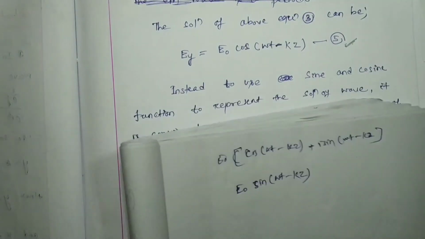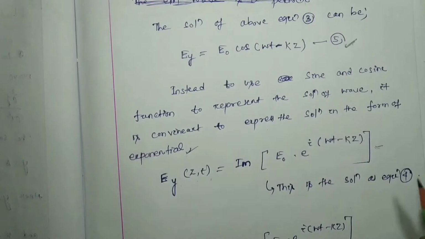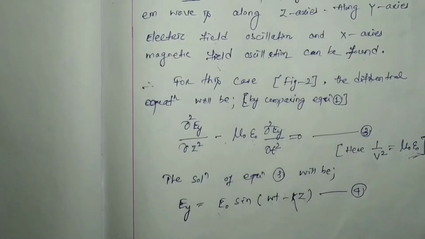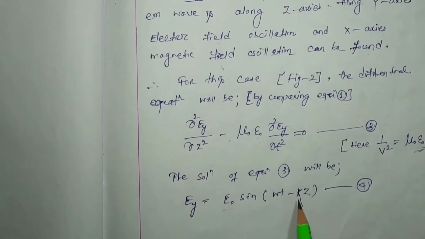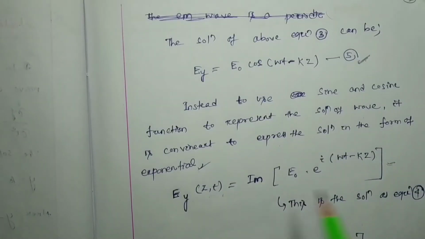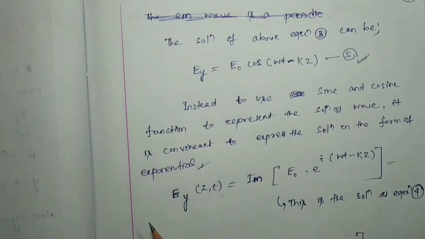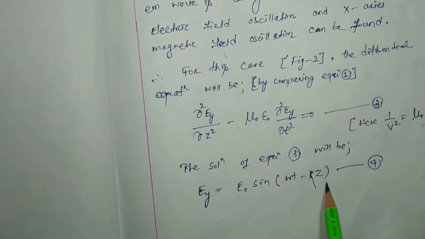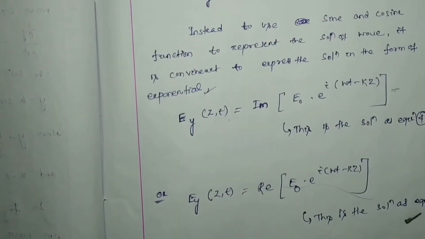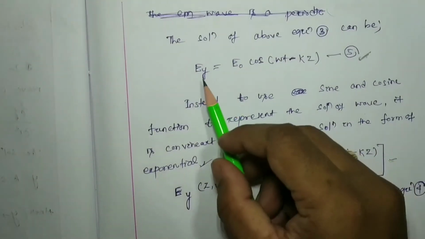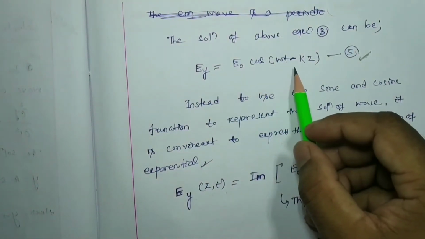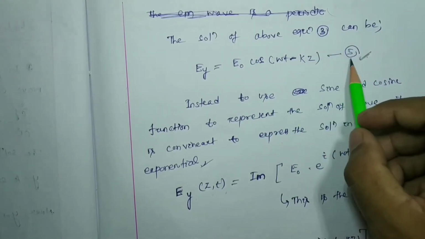That means this is nothing but your equation number 4, whatever is represented here. This is the solution of this differential equation, which we have already discussed. So if we consider only the imaginary term of this, we can get this. Similarly, if we consider the real part of this, we get the solution which is equal to this one, that is equation number 5.